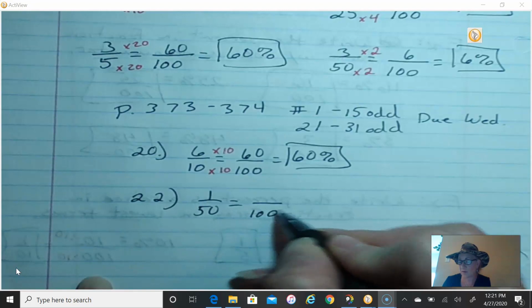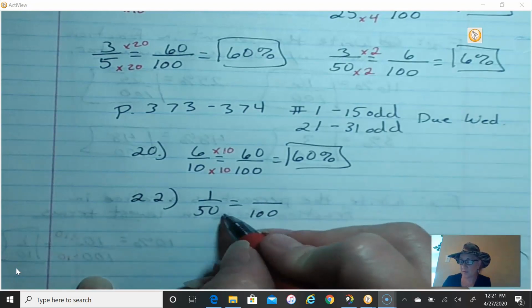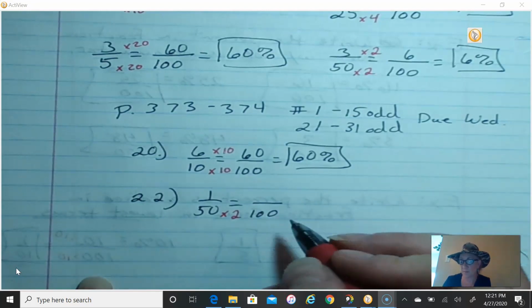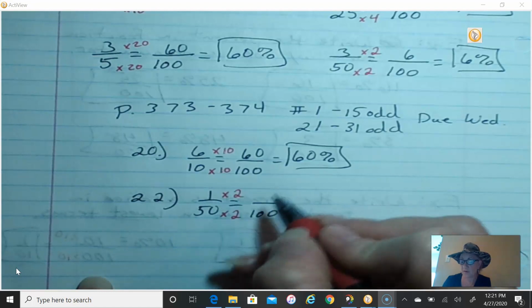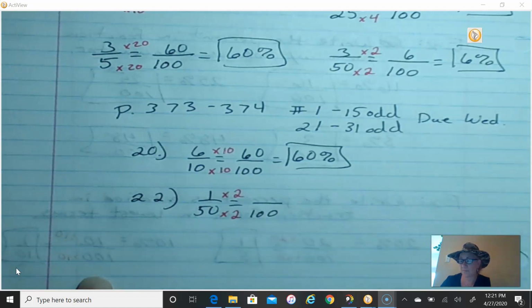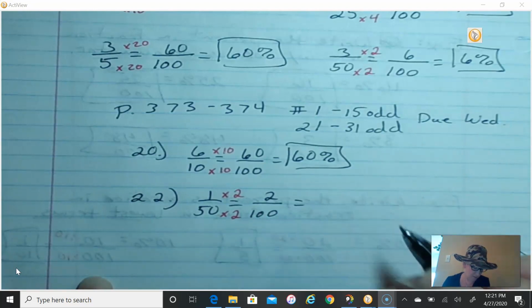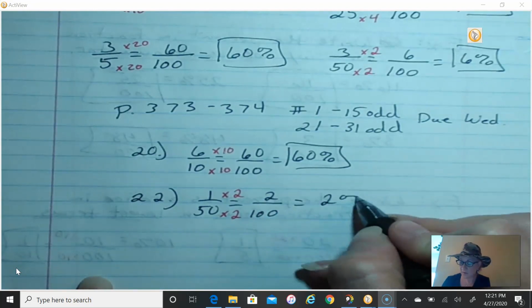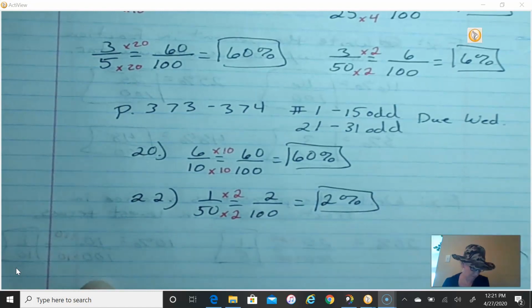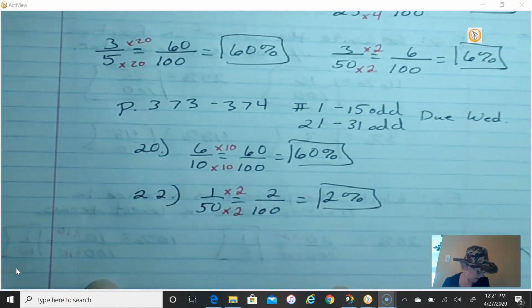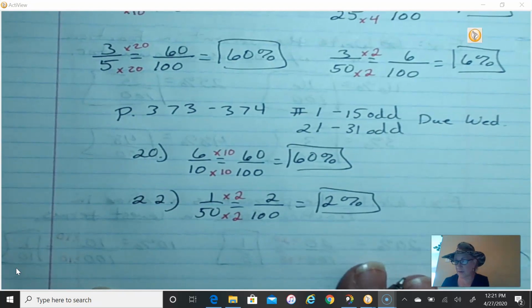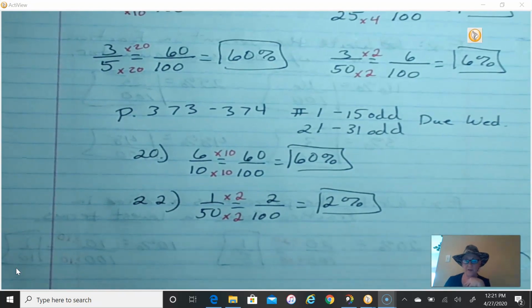Has to be 100. 50 times what gives you 100? 2. So 1 times 2, because you've got to do the same at the top. 1 times 2 is 2. So what's the percent? 2%. That's the answer. Okay? And I think we did examples of the others.